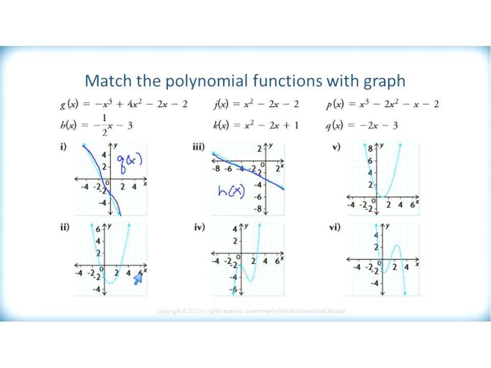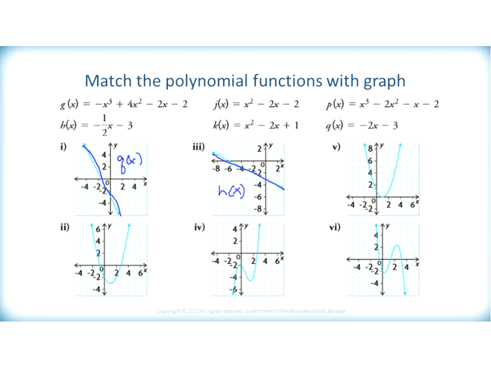So let's have a look at the y-intercept. This one has a y-intercept of -2. So we have that's a cubic. Here we have a quadratic function of degree 2 with a y-intercept of -2. And this one is a quadratic equation, but it has a y-intercept of 1.